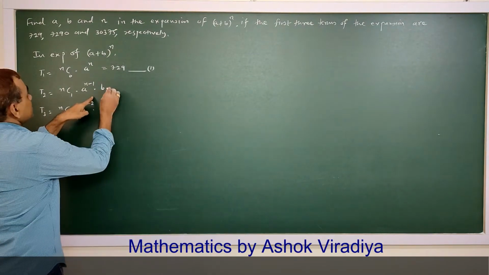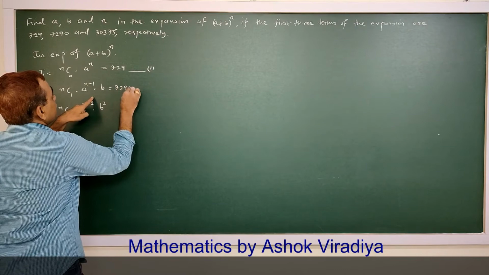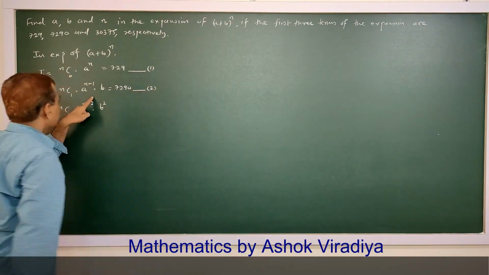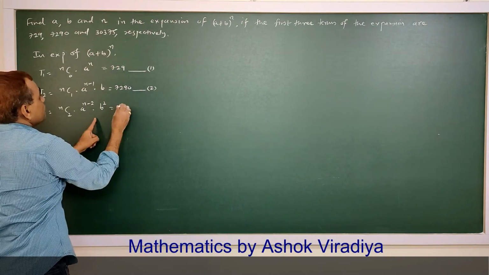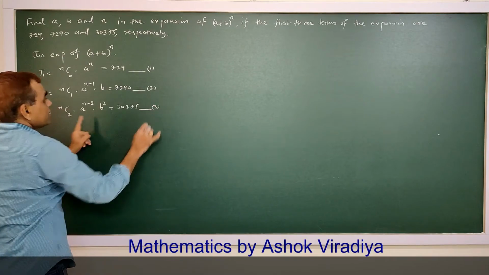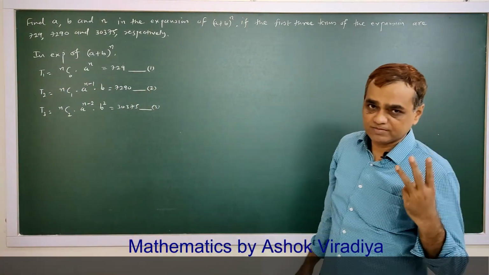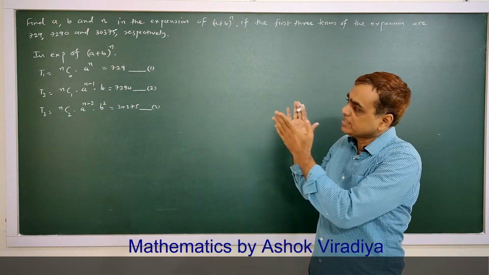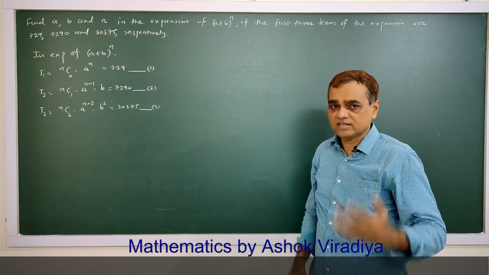Second term is 7290, this is equation 2. Third term is 30375, this is equation 3. So we have three equations. Now solving these three equations, we can get the values of a, b and n.